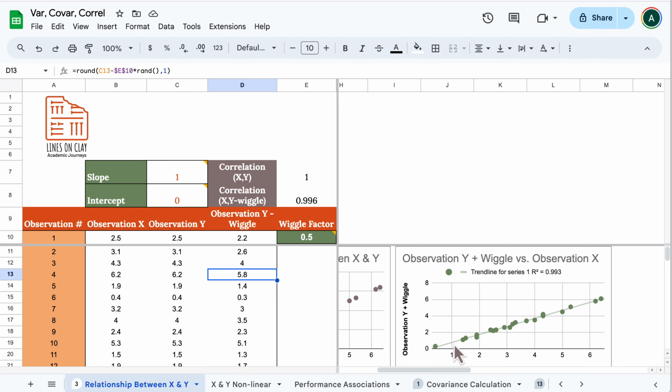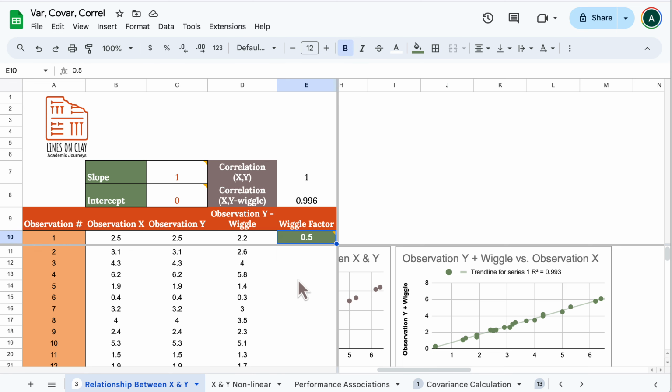We have a trend line going through here that I've added, and then this R squared, which is really reporting the explanatory value of X and Y. How well does variation in X explain variation in Y? That's news for another day, but R squared is the correlation coefficient squared.